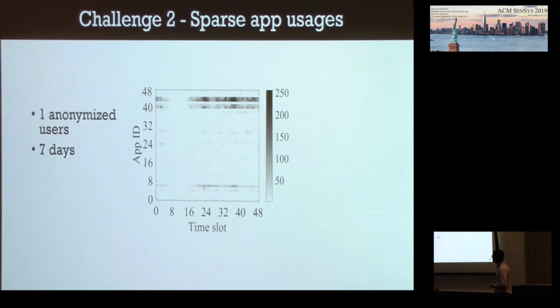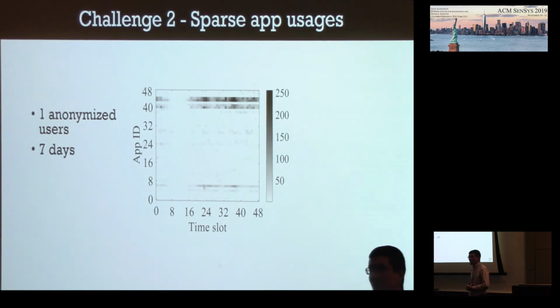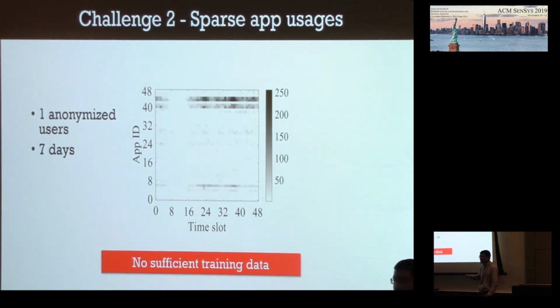No, not yet. There is another challenge: sparse application usage data. We don't have sufficient training data. Let's see this example. The x-axis is a time slot. One time slot is half an hour, so this figure is 24 hours, 1 day.